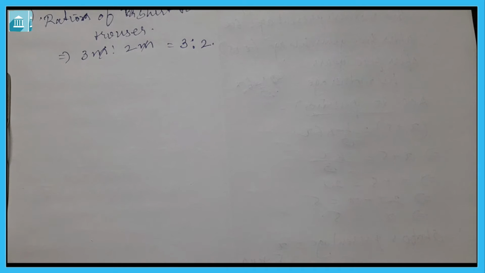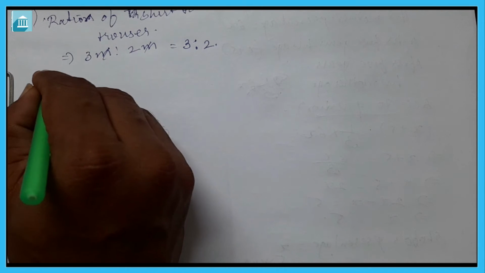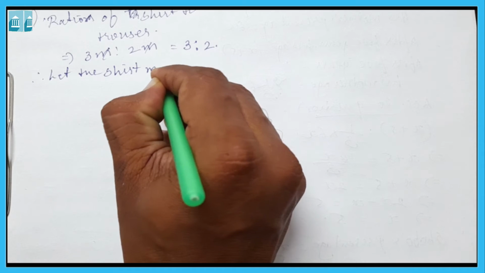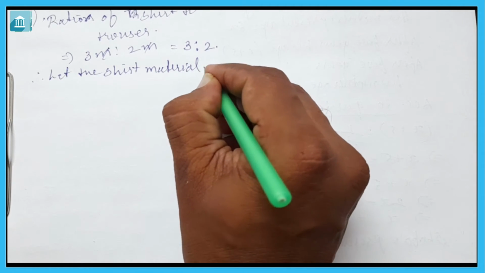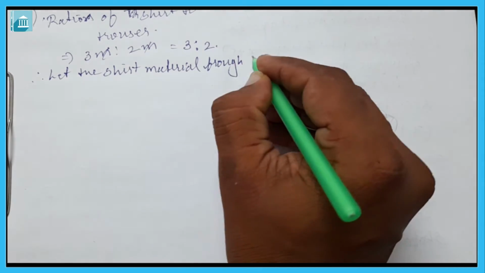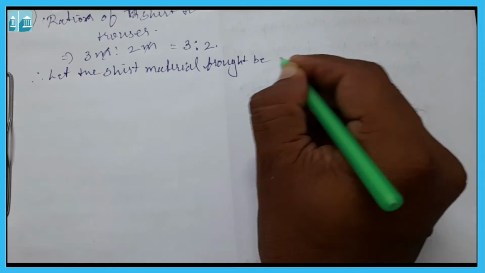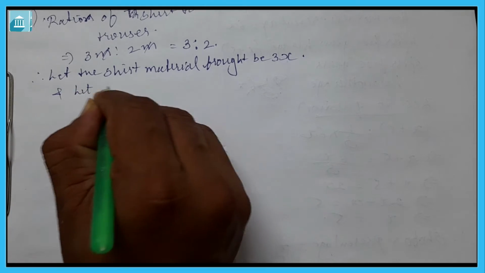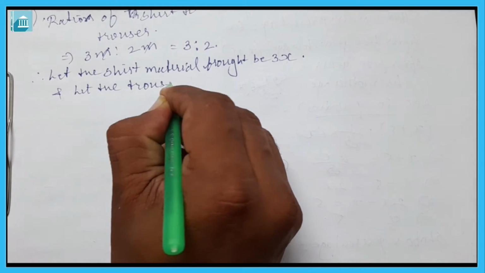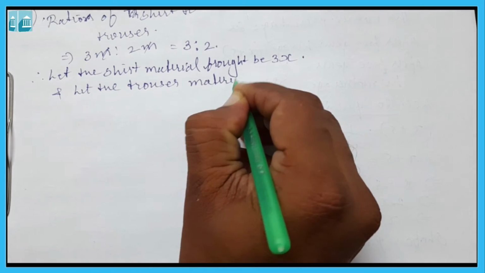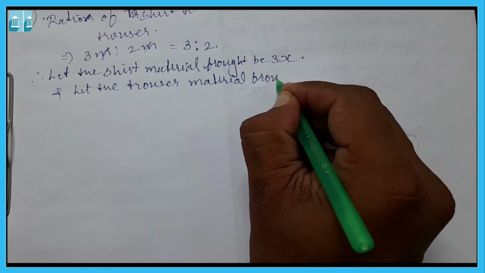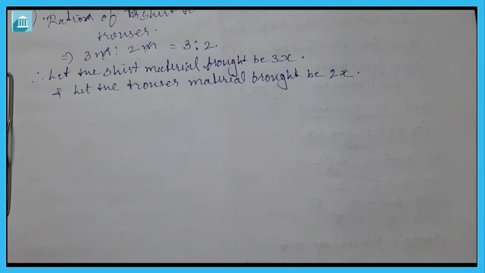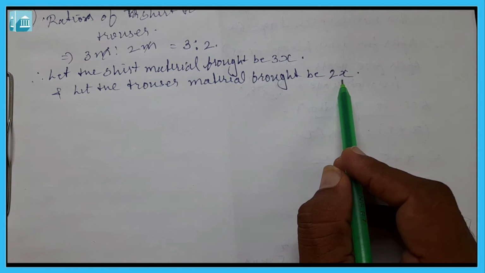Now we can assume that let the shirt material bought be 3x and let the trouser material bought be 2x.